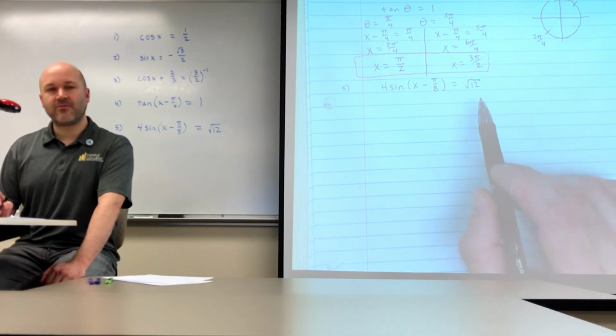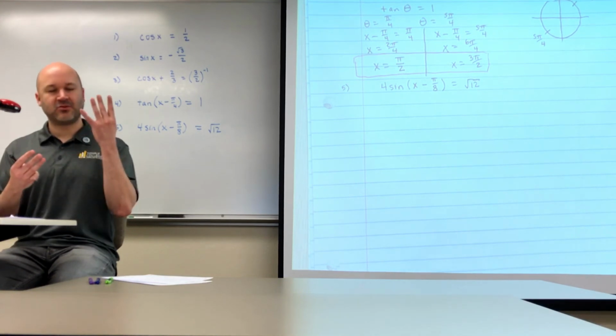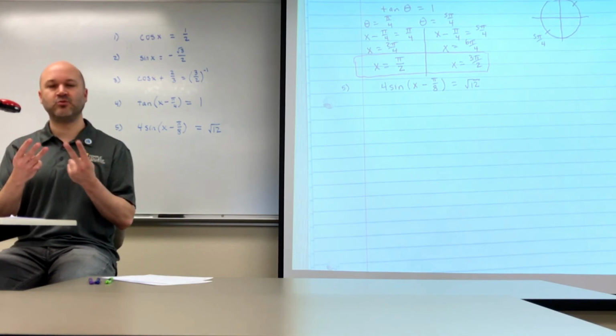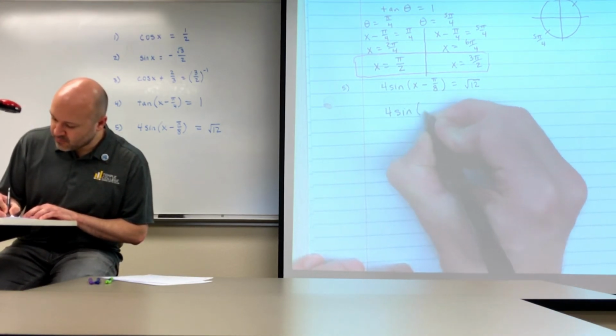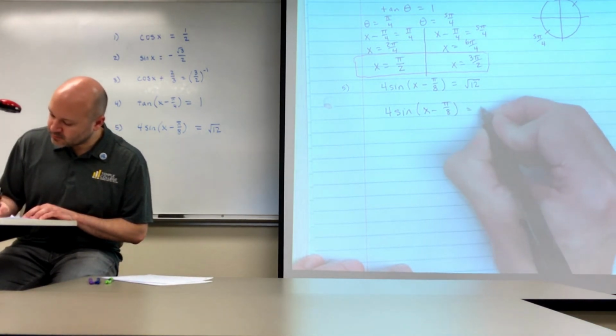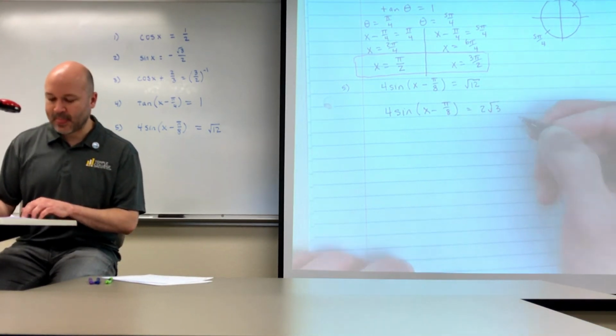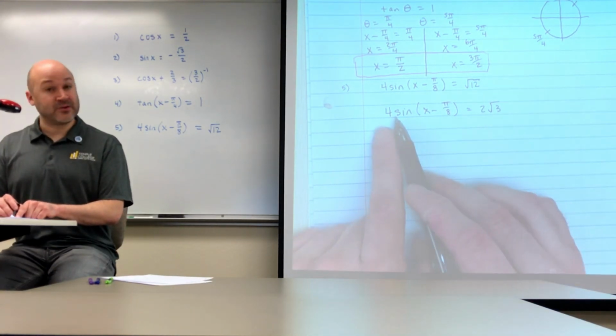Factors of 12, 4 and 3 will work nicely. So I have the square root of 4 and 3, so I've got 2 square roots of 3. Simplify the radical.